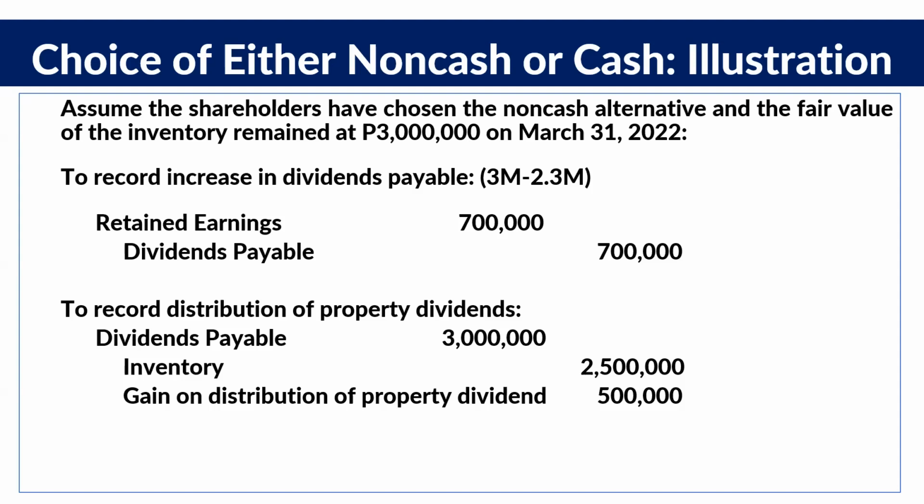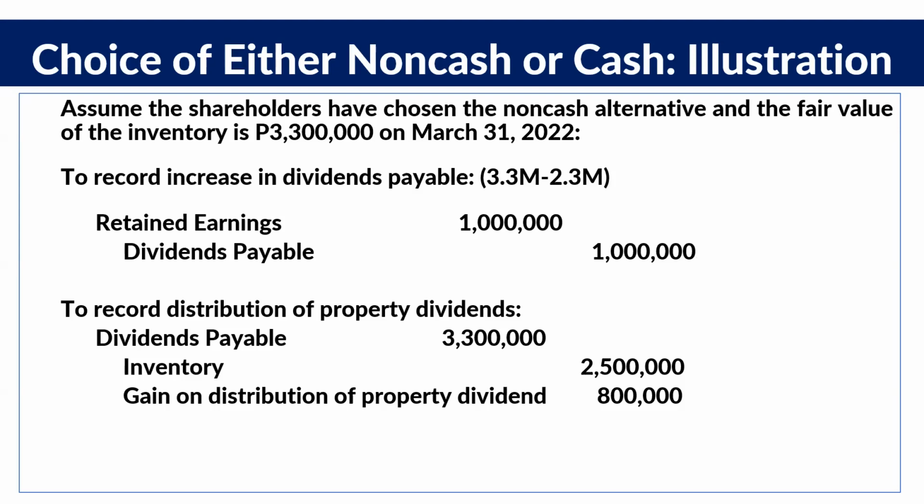Take note, class, we have no impairment loss, because the carrying amount is 2.5, but the fair value of the inventory as of March 31 is 3 million. So the fair value is bigger than the carrying amount, so there is no impairment to recognize.